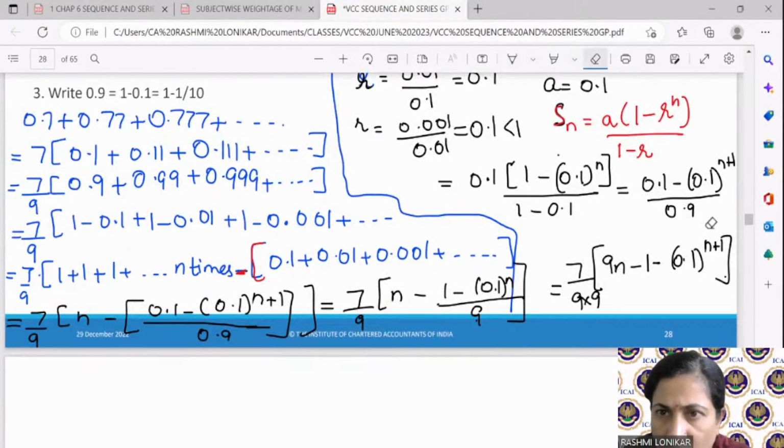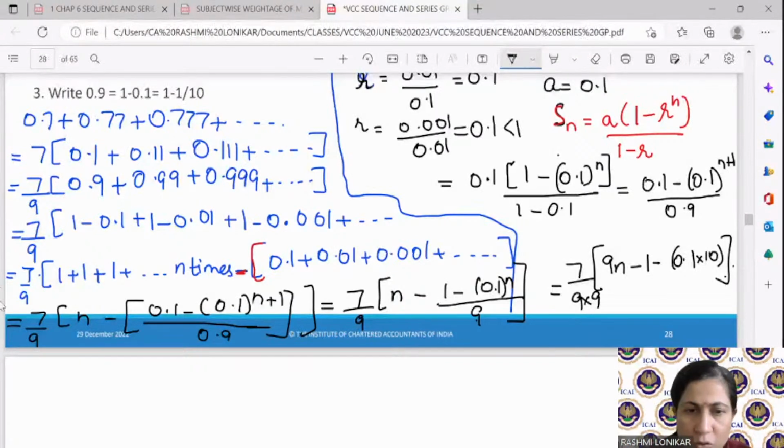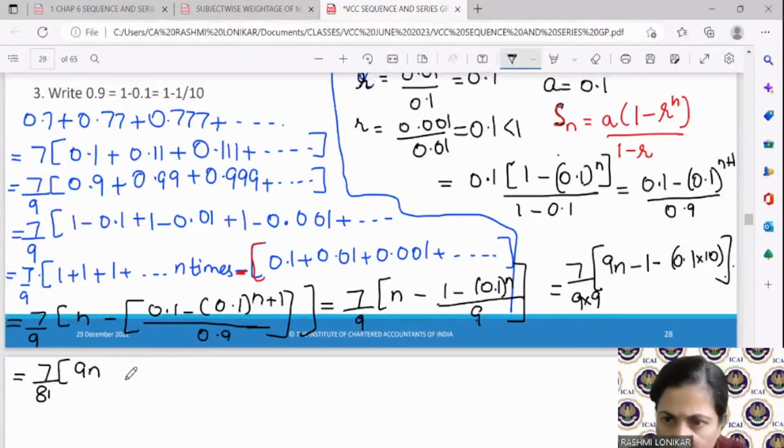I've forgotten to multiply here. Okay, so here this will be equal to 7 upon 81, 9n minus 1. And what will this be?